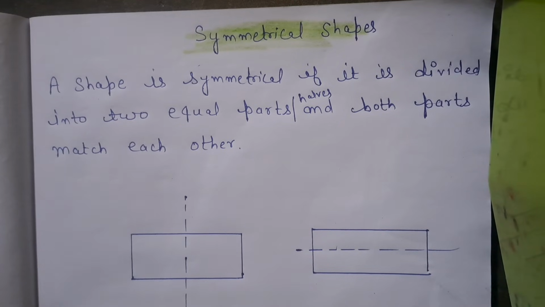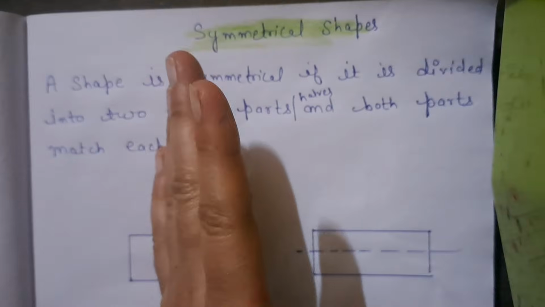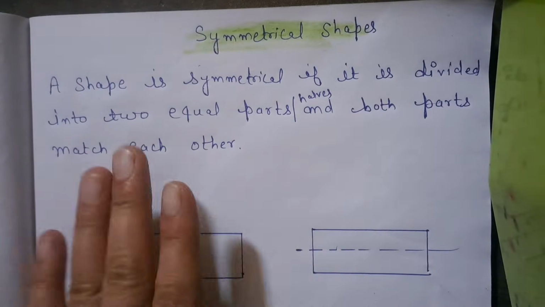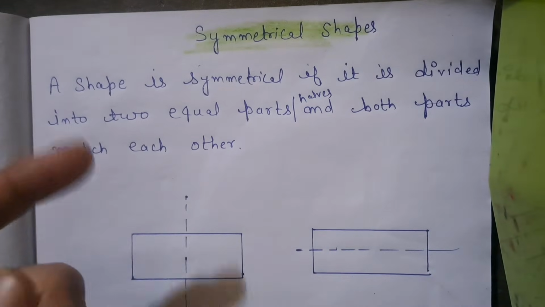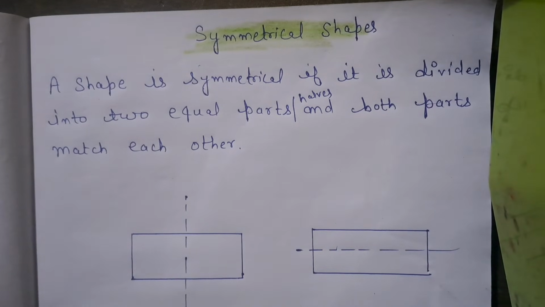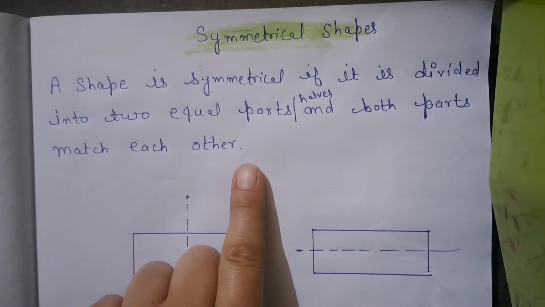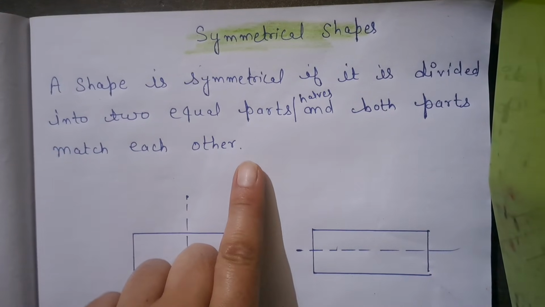When we divide a shape into two equal parts and both parts are the same size and same shape, you can say that both halves exactly match each other. Then we can say that this shape is a symmetrical shape.